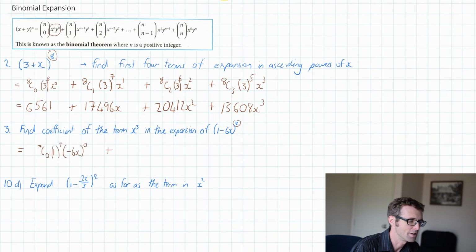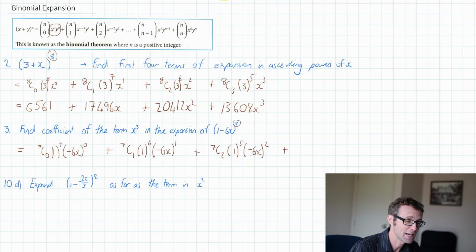And you can see our next term will be 7 choose 1, 1 to the power of 6, minus 6x to the power of 1. Our next term will be 7 choose 2, 1 to the power of 5, minus 6x to the power of 2.